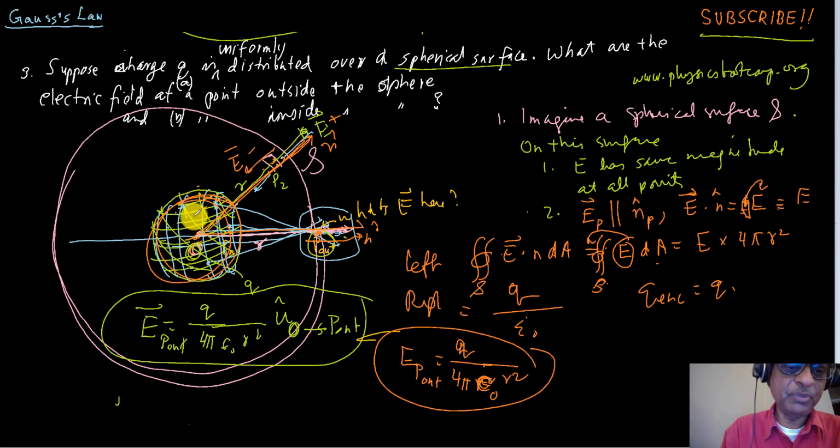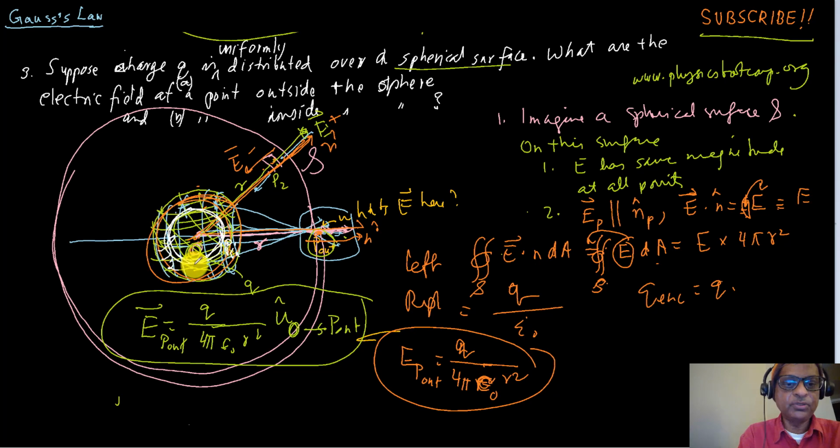Okay, so what will be at a point inside? So I do exactly the same argument. I really don't need to erase anything. It's very trivial. So this is inside. So imagine this is the P in here, and this is the S2.